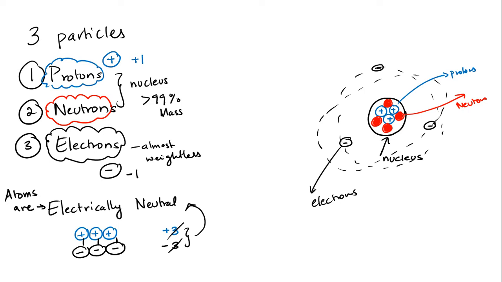Protons have a plus one charge, electrons have a minus one charge, neutrons have no charge. But because the number of protons and the number of electrons are equal to each other, the charges cancel each other out and you have an electrically neutral atom.